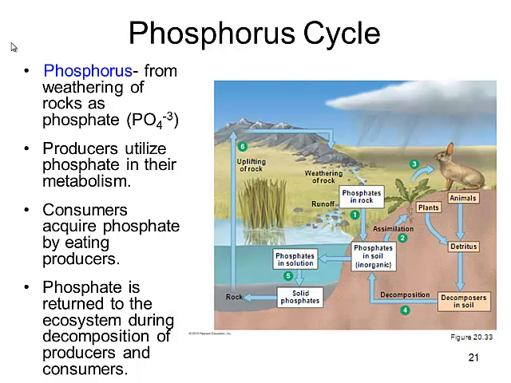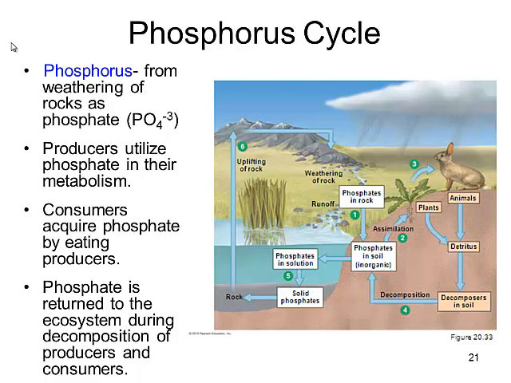Phosphorus is another extremely important component for living organisms as well. So the phosphorus cycle, which is kind of similar to what we saw in the other cycles in energy flow, is important for living organisms in our ecosystems. Phosphorus from weathering of rocks gives us phosphate, PO4, with a charge of -3.